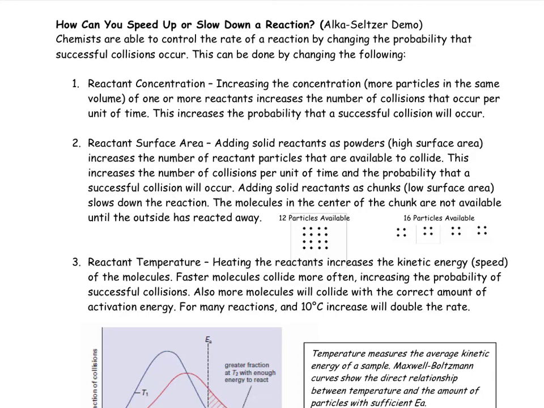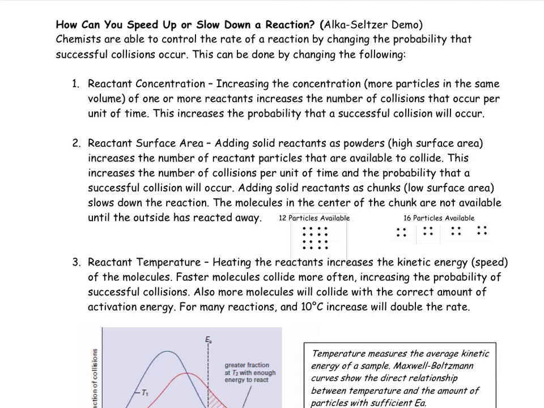This increases the number of collisions per unit of time and increases the probability that they'll hit at the right orientation and at the right speed. Adding solid reactants as chunks, which have a low surface area, slows down the reaction. Molecules in the center of the chunk are not available until the outside of the chunk has reacted away.